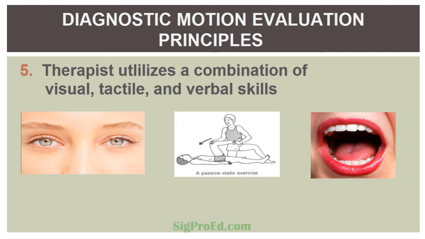And in that case, we would need to address those situations and treat accordingly in order to achieve quality range of motion. So again, the treatment will be very different when we have a structural versus a non-structural dysfunction. And again, this is why diagnostic motion evaluation is vital to efficient treatment and successful treatment of our patient with good carryover.